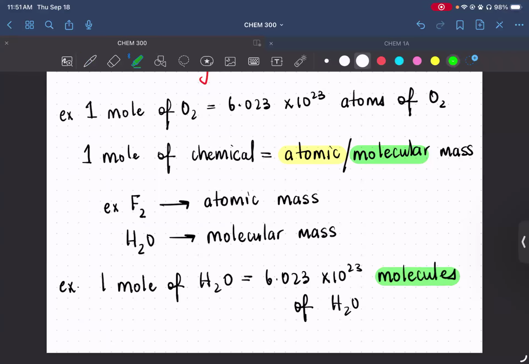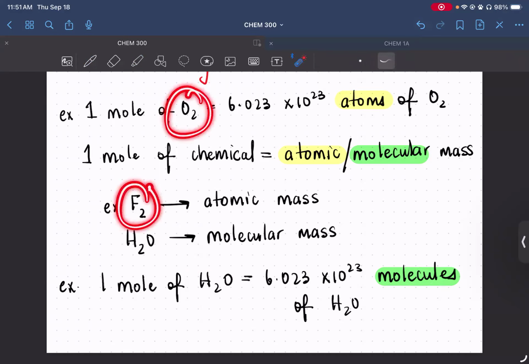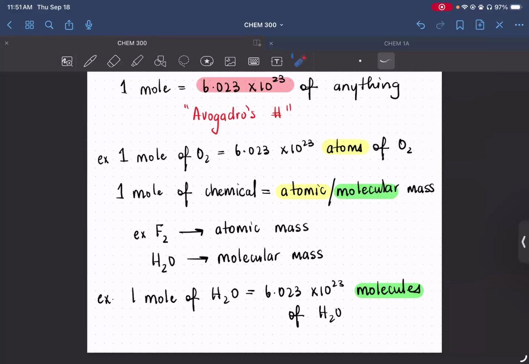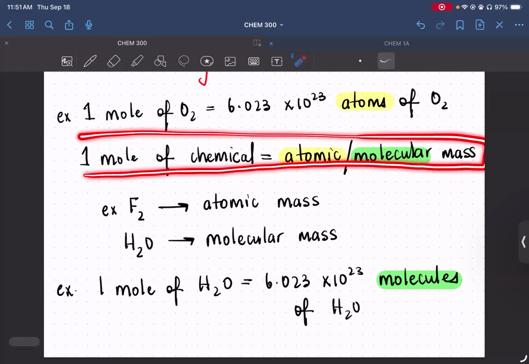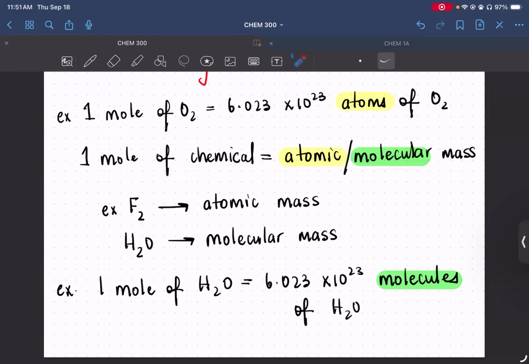Where use of that word molecules refers to the fact that we're dealing with a molecule, a combination of multiple atoms, versus atomic or atoms when we're only dealing with one atom of its kind. So the use of atoms versus molecular is really just a context thing. They don't mean two completely different things. It's just about the context we're speaking of. Now, I just said that 1 mole of any chemical is equal to its atomic or molecular mass. I'll give you your exam at the end.